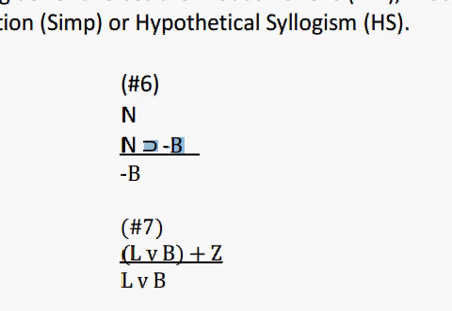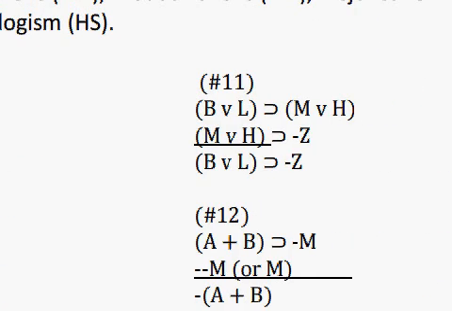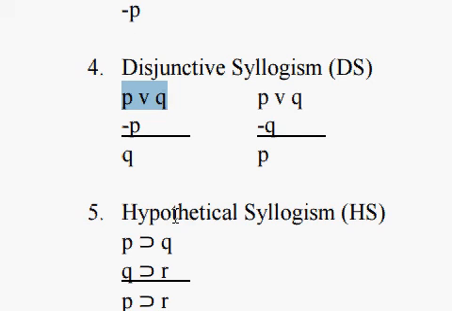So I have some in here that get a little bit more complex, but all these are doing is saying, look, your main operator is horseshoe, your main operator is horseshoe, you have this big statement B wedge L, you have this big one M wedge H, this one M wedge H, bar Z. Well, one thing you can do is take this B wedge L and turn it into a lowercase p, and then this one into a q, and since that's the exact same, that would be a q, and then make that an r. And you have P horseshoe Q, Q horseshoe R, therefore P horseshoe R, and you would realize that is exactly what the book says is a hypothetical syllogism.